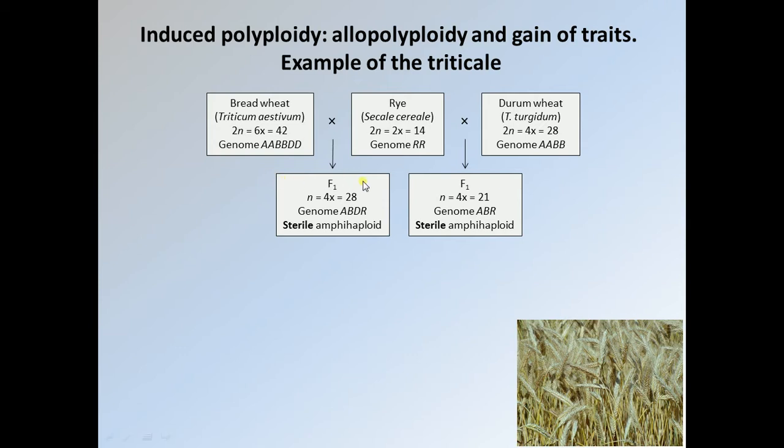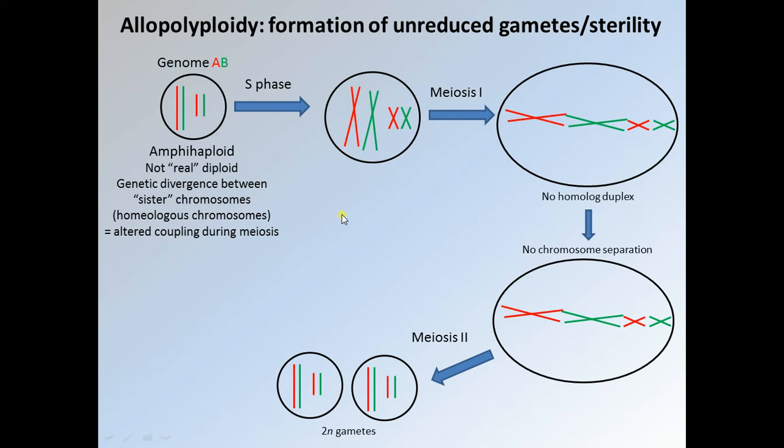So they did that in both cases, and then they end up with this hybrid. But then the problem they faced is that this F1 is actually sterile. And why is that so? Well, let's go back to what we discussed first. If we have a hybrid between 2 species, you will have what is called amphihaploid. That means that it's not a real diploid or triploid or whatever, but instead each of the chromosomes will behave as being haploid.